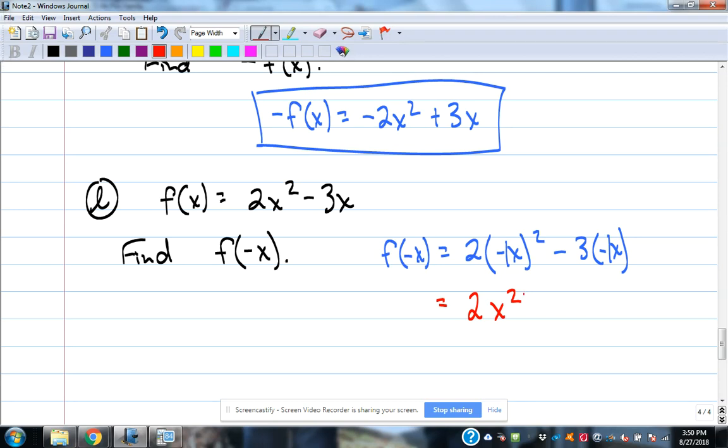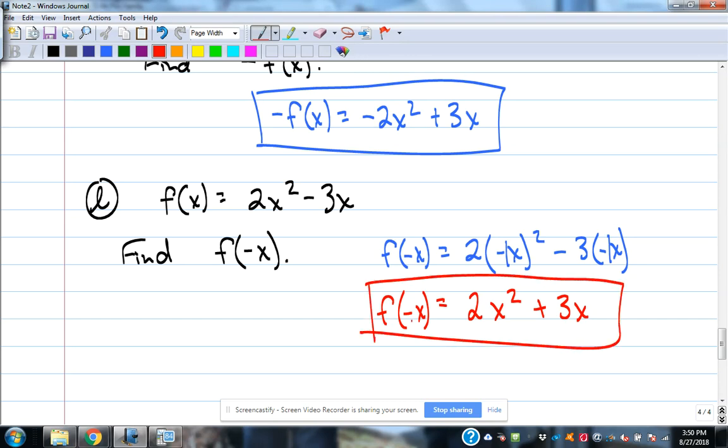And then the minus 3 times the negative x becomes positive 3x. And there's our f of negative x. So it doesn't necessarily change the entire problem like example K did, but it does change some of it.